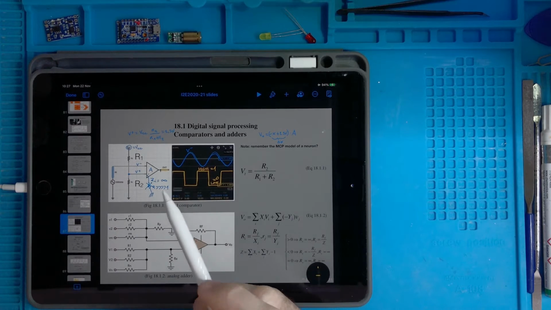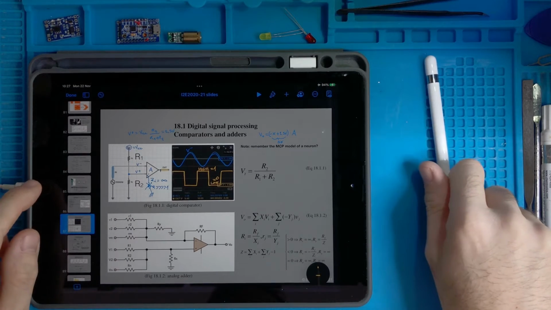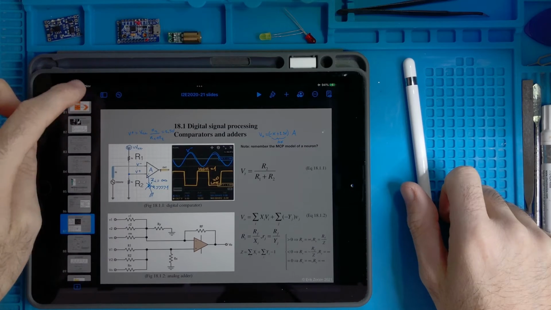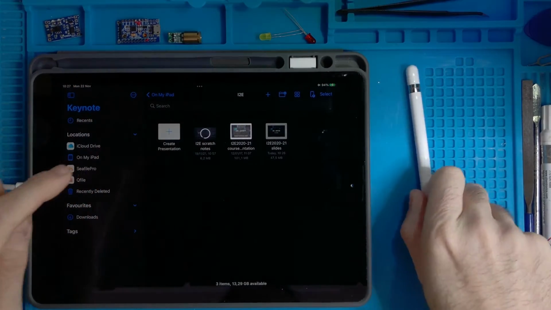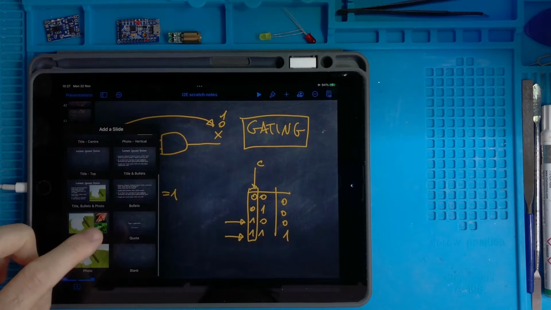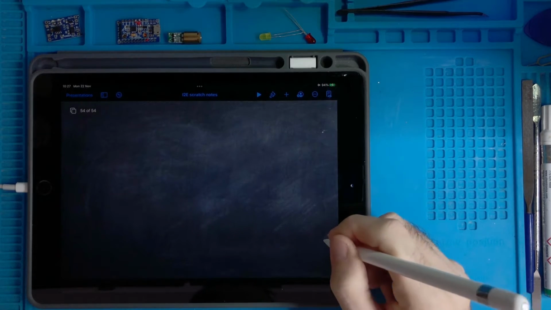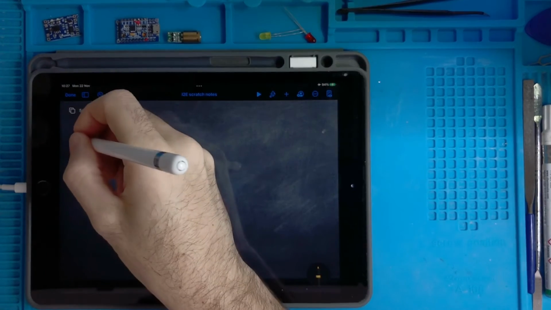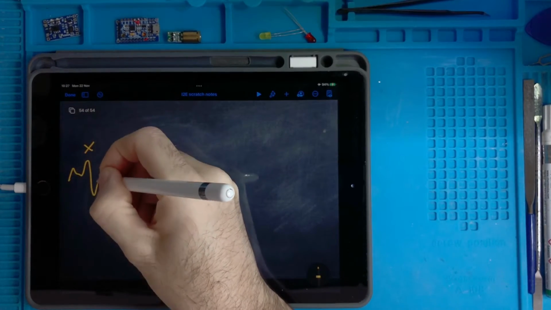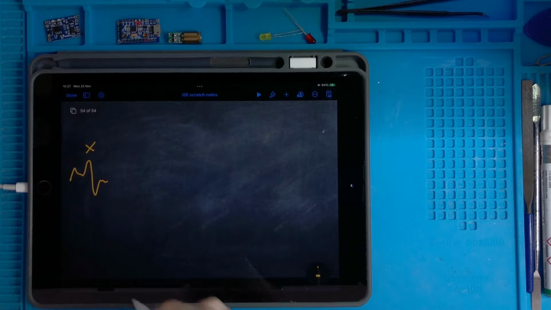If you put an input like this, so let me switch to the blackboard. So let's say you have a variable x, which is analog, so it can be any function of time.